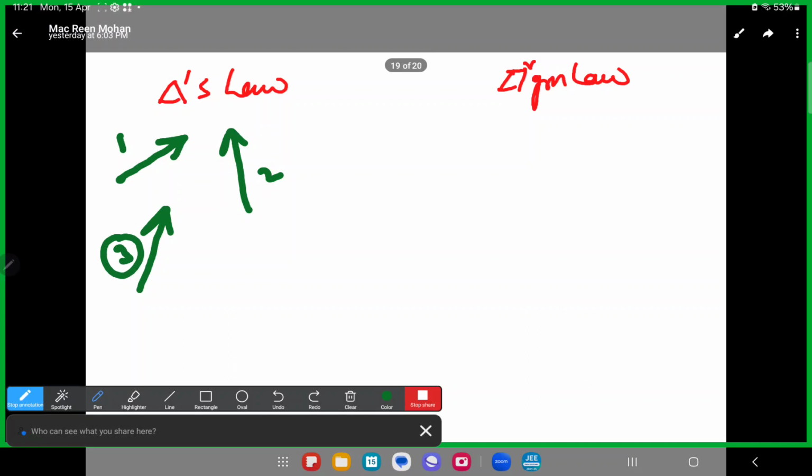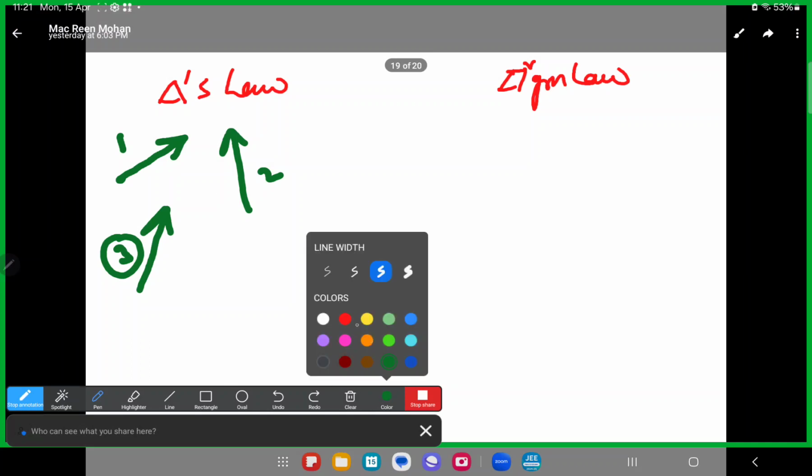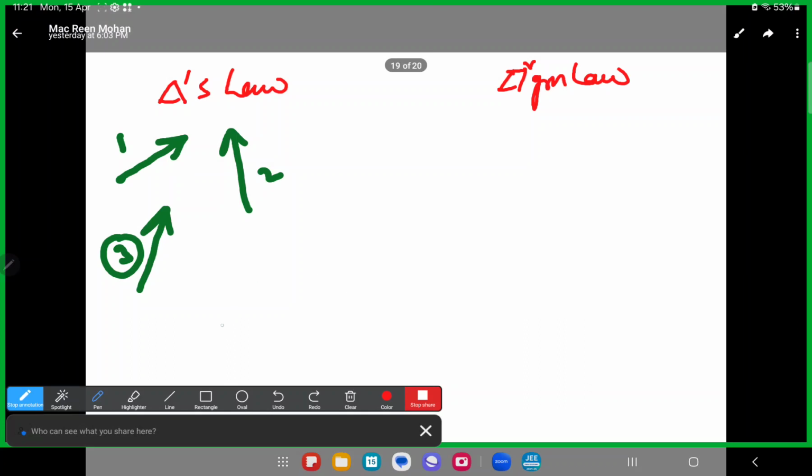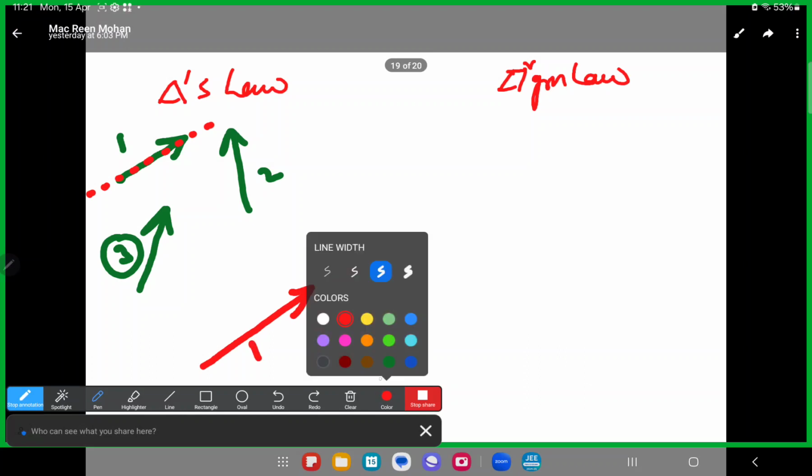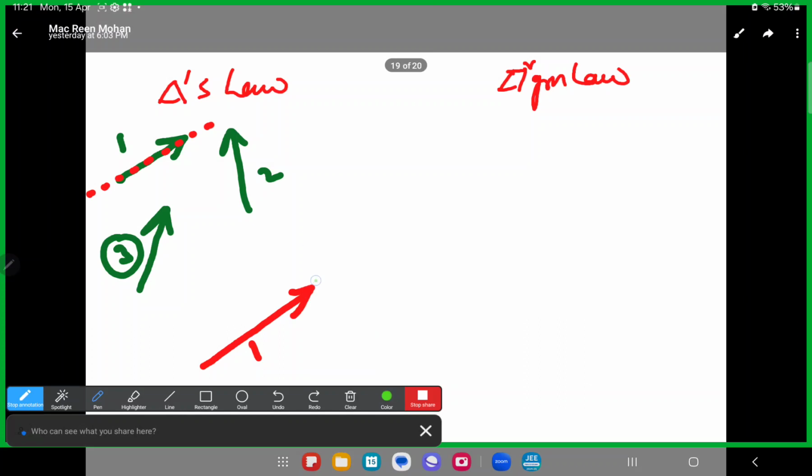So what you are supposed to do is pick the first vector, in such a way that the sense will not change, and you can locate it anywhere. So here I am picking the first. Now from the head you will attach the tail of the second.